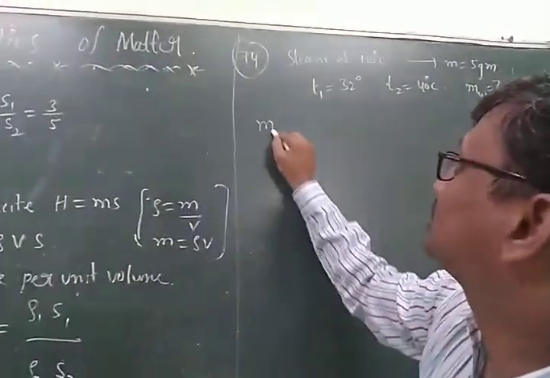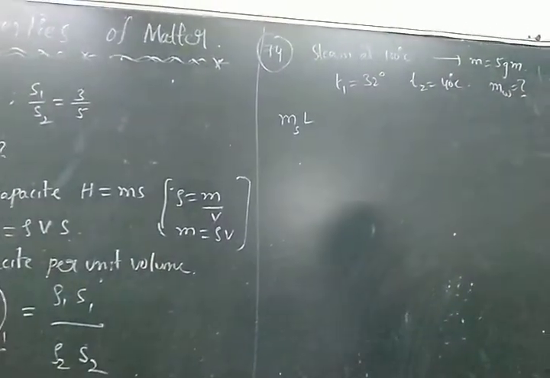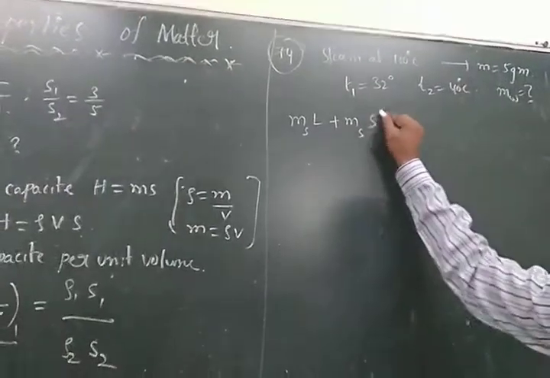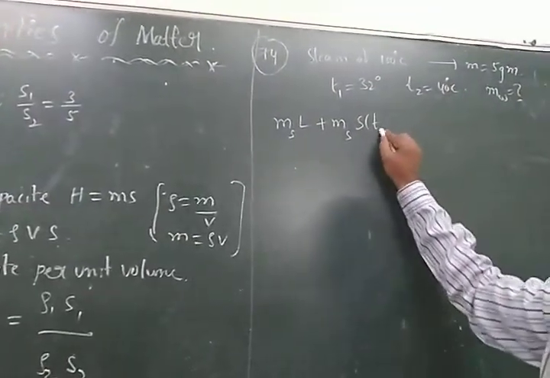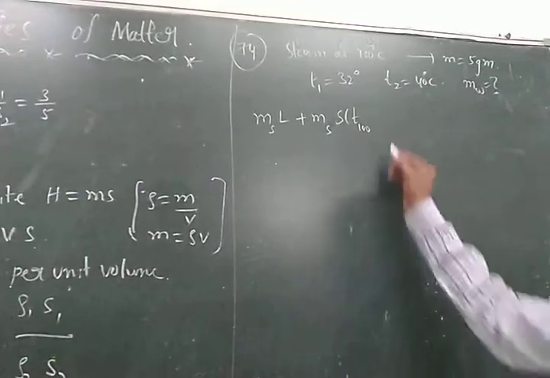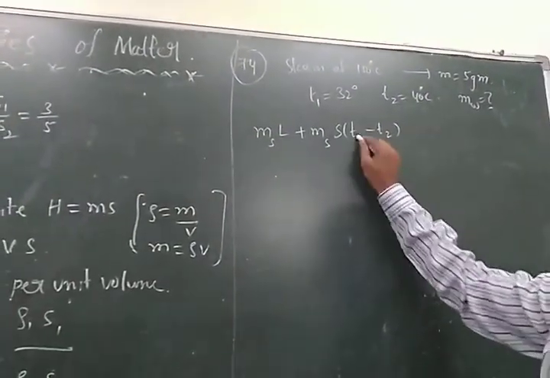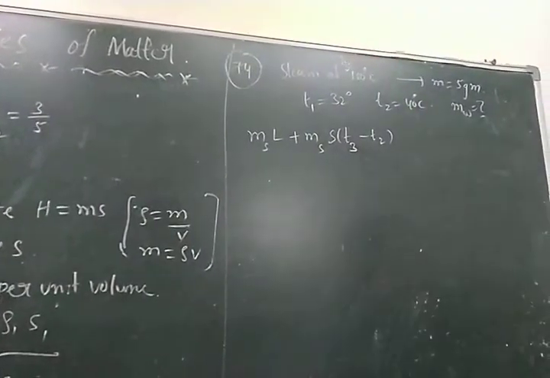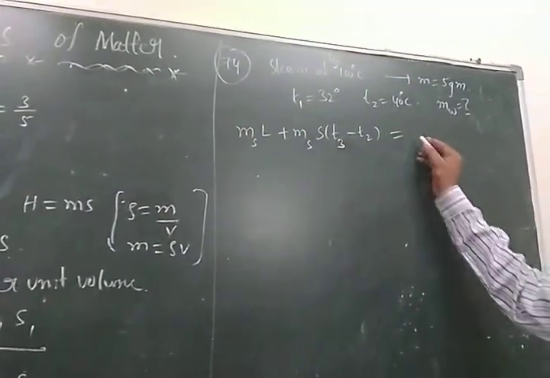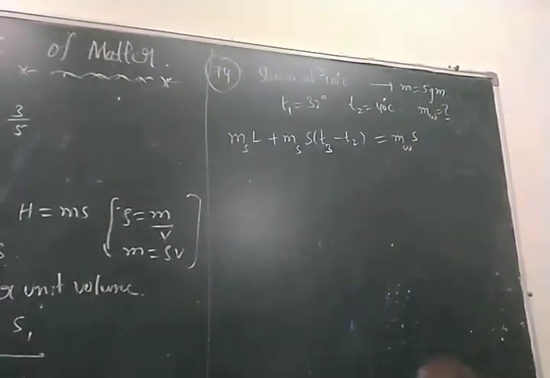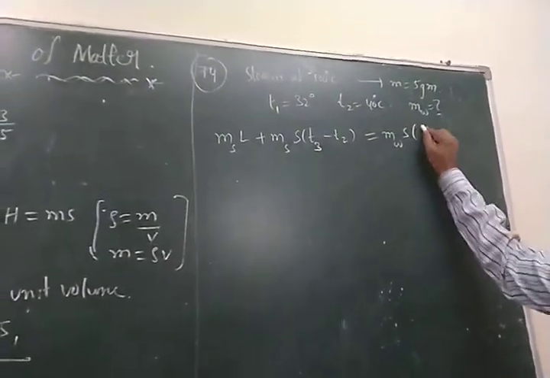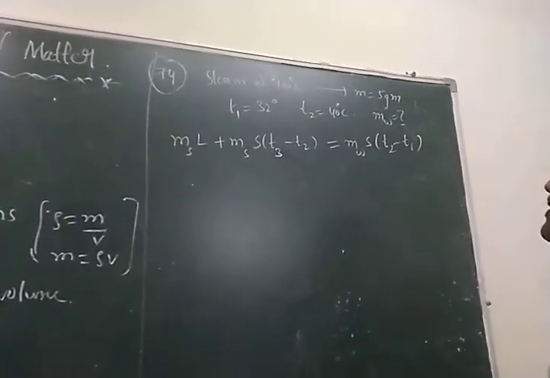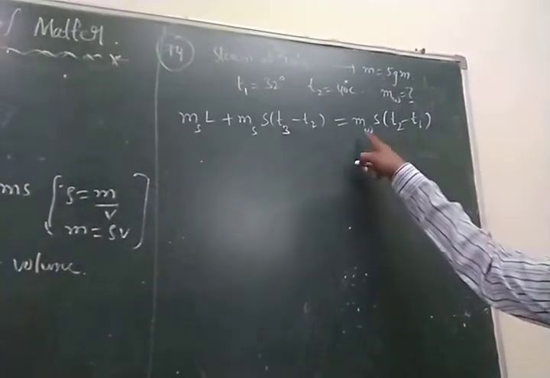The mass of the steam into latent heat plus the mass of the steam into specific heat into the temperature difference, T3 minus T2, where T3 is 100 degrees centigrade, is equal to the mass of the water into specific heat into T2 minus T1.